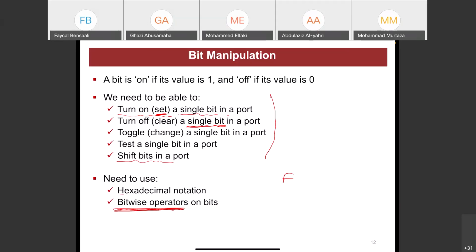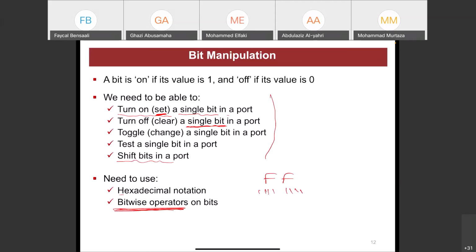When you write F, you know that's 1111, so you can make a quick conversion. You can also work with decimal, it's up to you, but the best one is hexadecimal, and we use the bitwise operators.